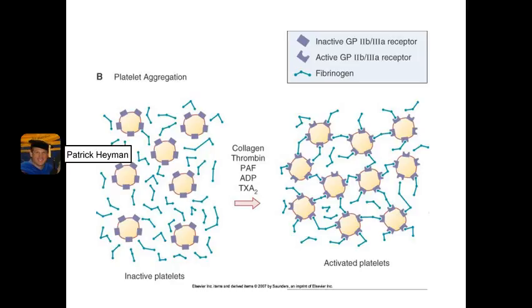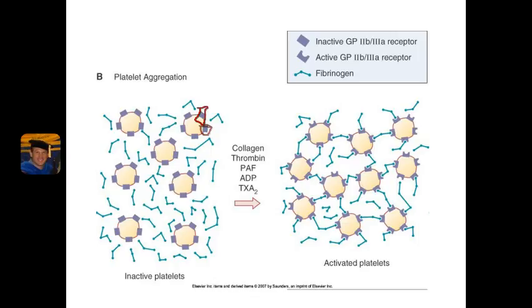Okay, now you'll recall that we said platelets are going to tie themselves together with fibrin. They don't just tie themselves to any old place. The fibrin actually has to bind to a certain spot. If you remember what a carabiner is from rock climbing, that's kind of what the receptor is. This receptor is known as a GP2B3A receptor. In its inactive form, it's 2B.